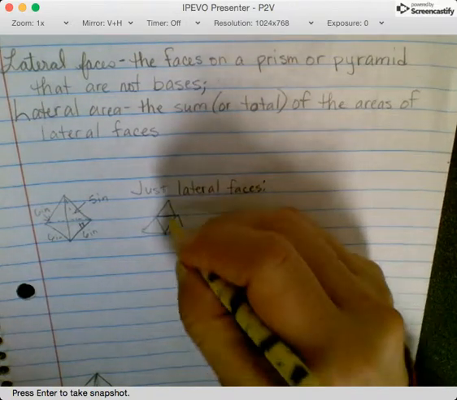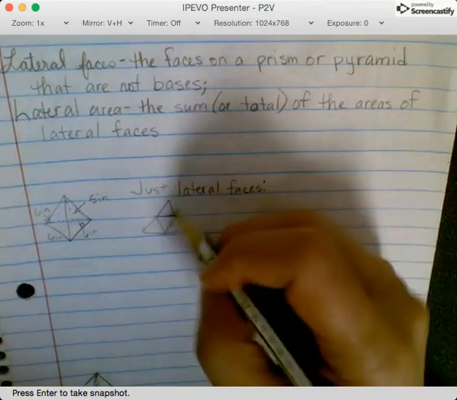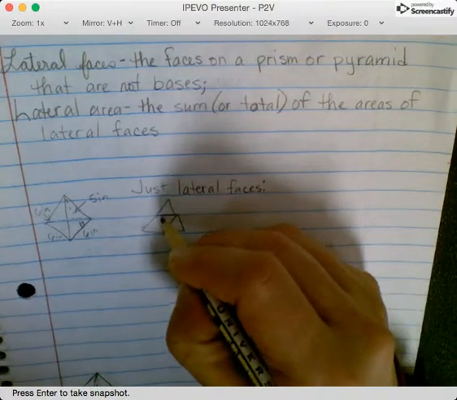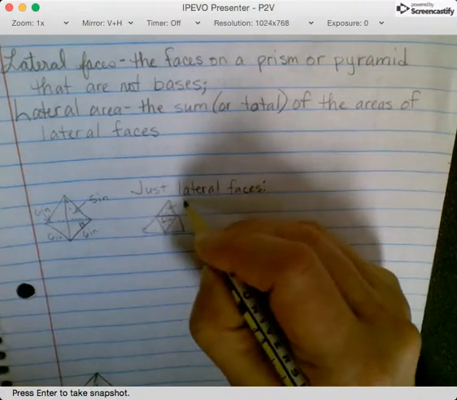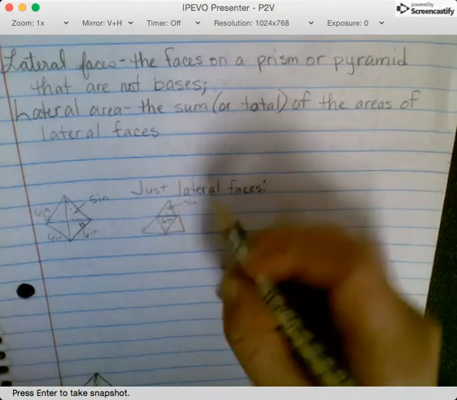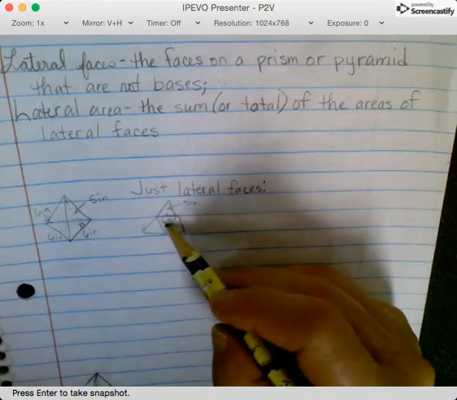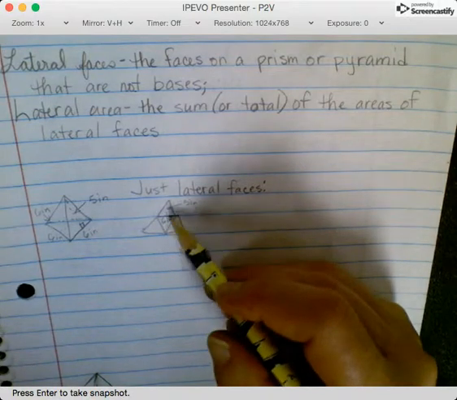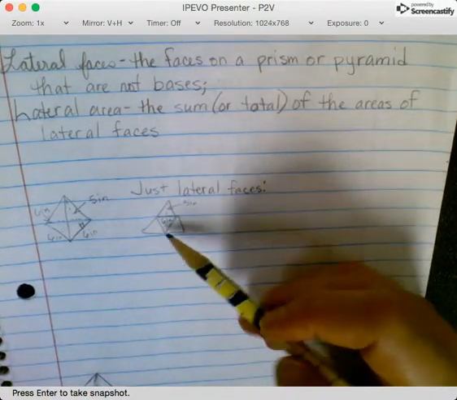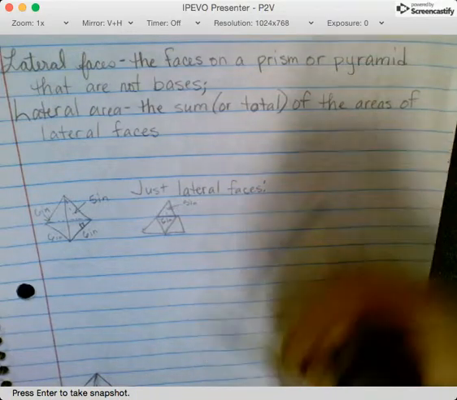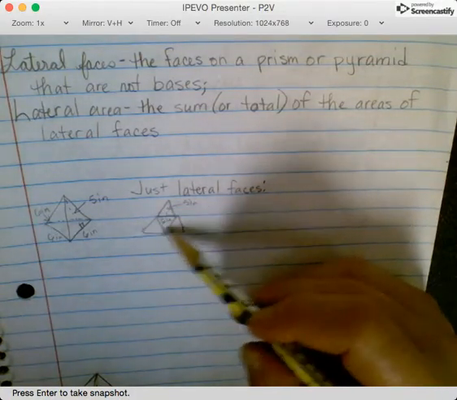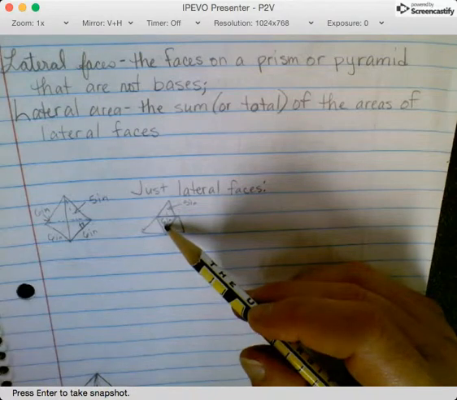And then I have the side, or the base, is 6 inches and the height is 5 inches. So I'm not going to worry about the inside triangle. Most of your work is not going to be working with the triangular pyramids anyway, but we'll worry about just the triangular lateral faces.